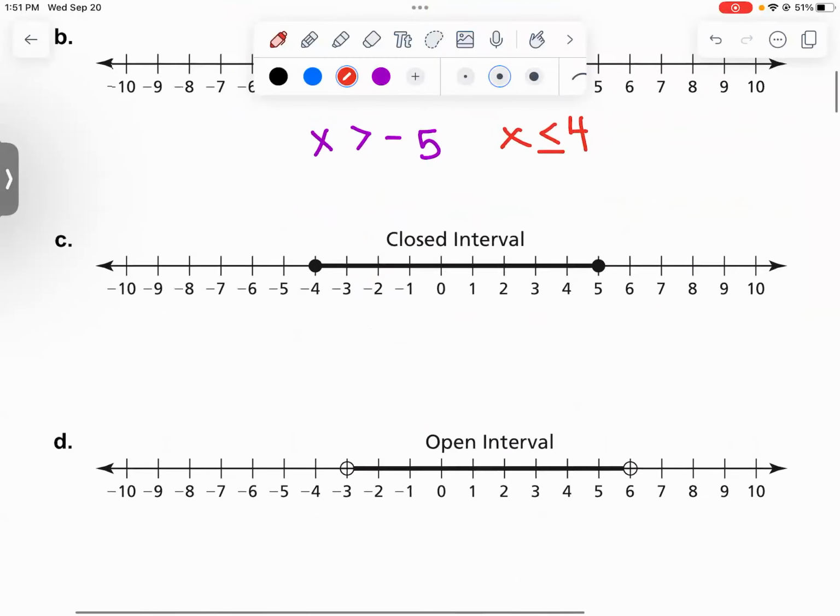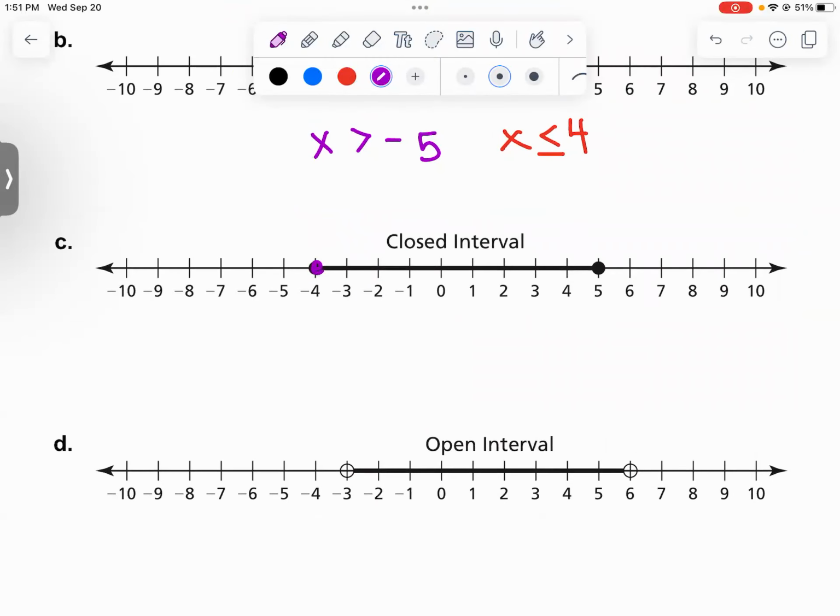Okay. Gotcha. All right. Harry, what about this one? -4 is greater than or equal to X. Ethan, what about this one? Okay, good.